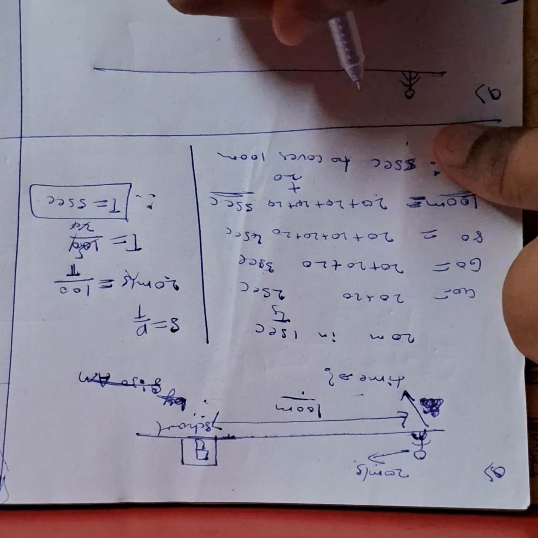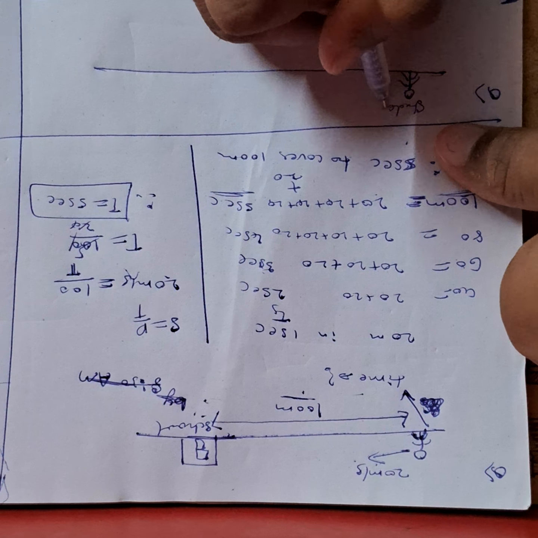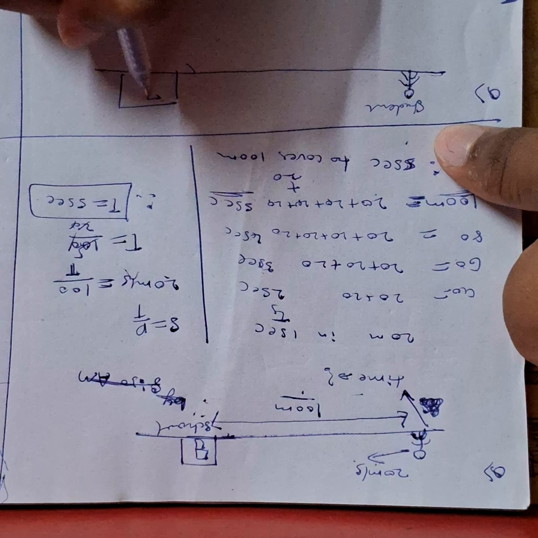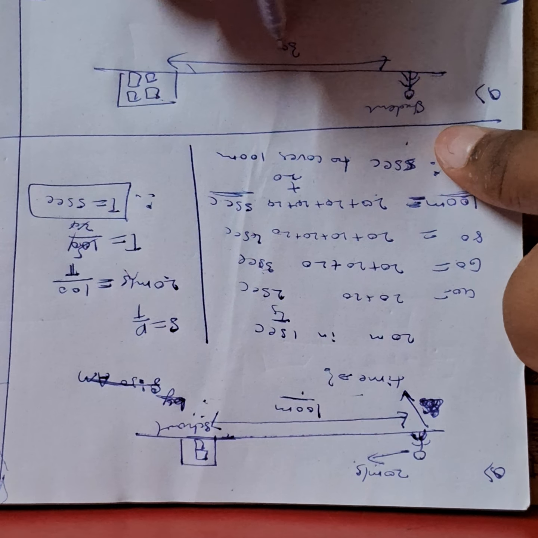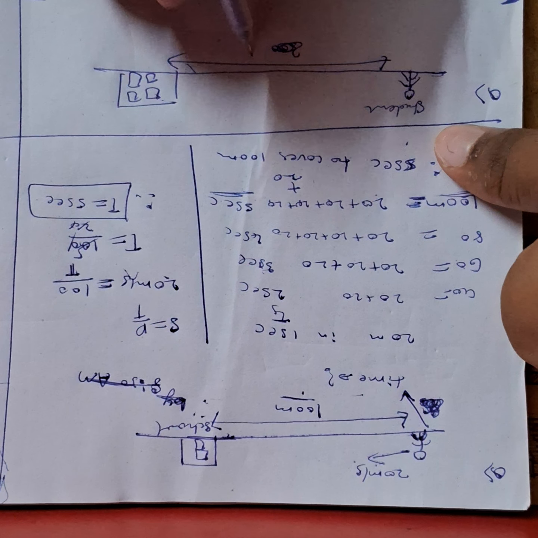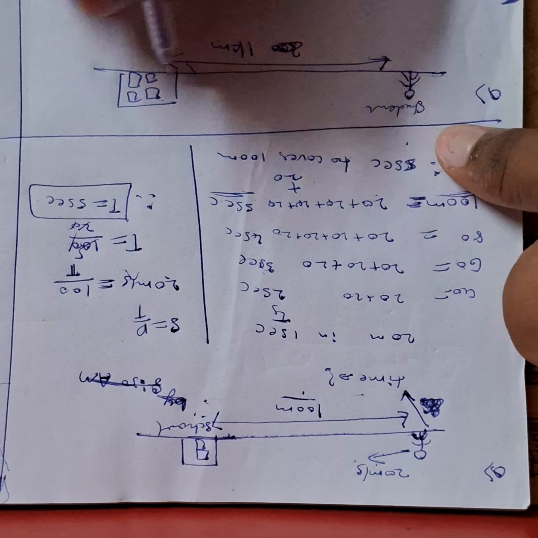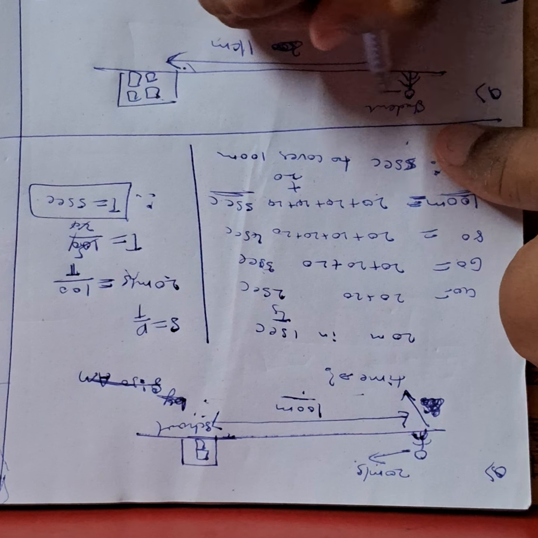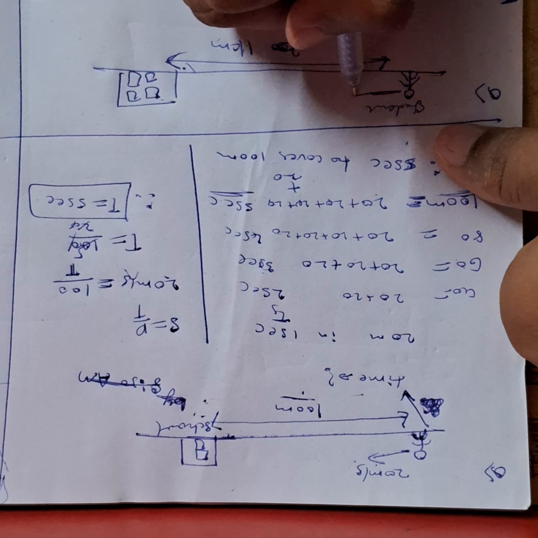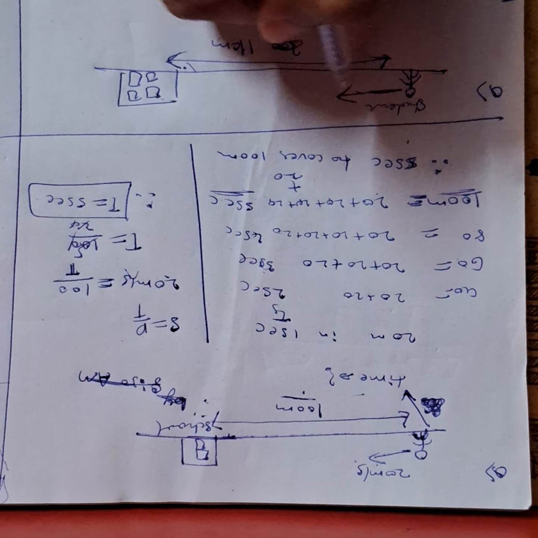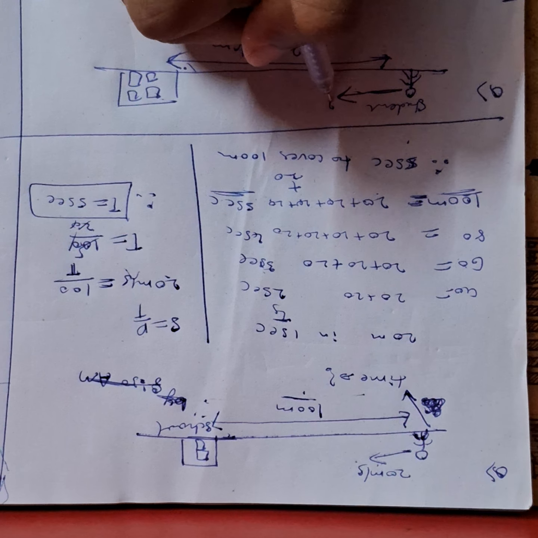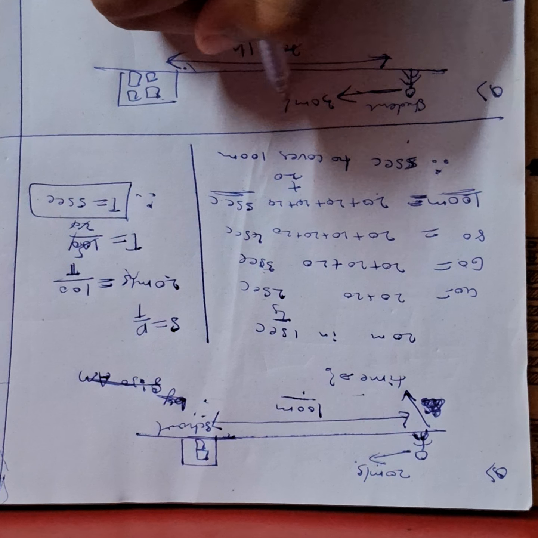Again, coming to the same example, the student has to reach the school which is at 1 kilometer. He's traveling with the speed of 30 meter per second.